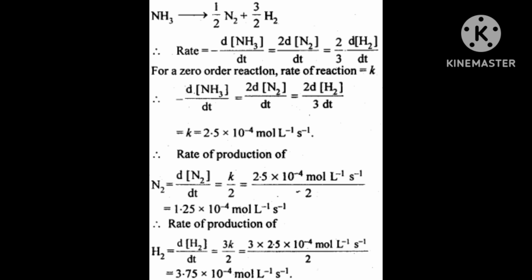And the slope will give the value of k: minus slope is equal to k, or k is equal to minus slope.